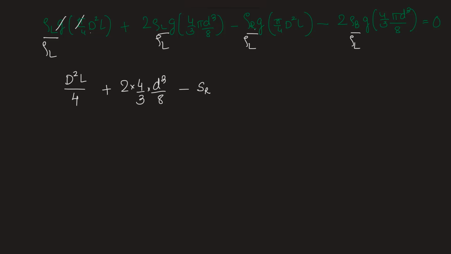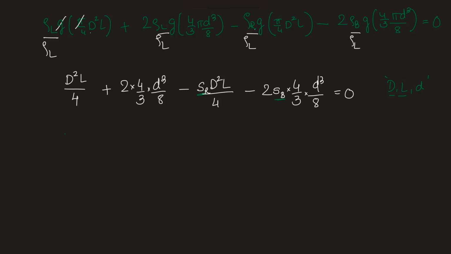So we can write it as SR into D square L by 4 minus 2 times, again this will be specific gravity for the ball material, SB into 4 by 3 into d cube by 8 is equal to 0. So for now we'll keep D, L and small d as it is, and then we can substitute D and L finally. Now we'll substitute the values of SR and SB and also simplify the coefficient values here.